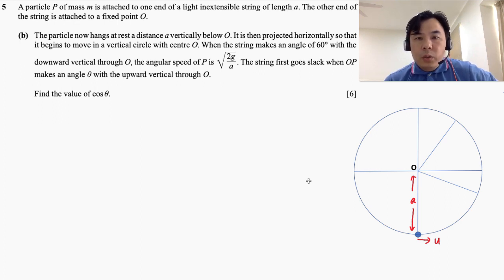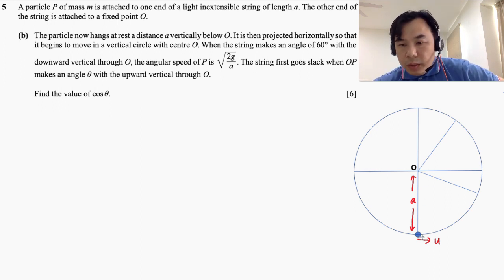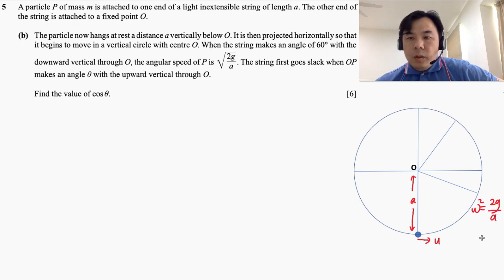Then the string first goes slack when OP makes an angle theta with the upward vertical, meaning that this particle is going to move here. It will have an angular speed here, so we're going to write that down. Angular speed squared then.